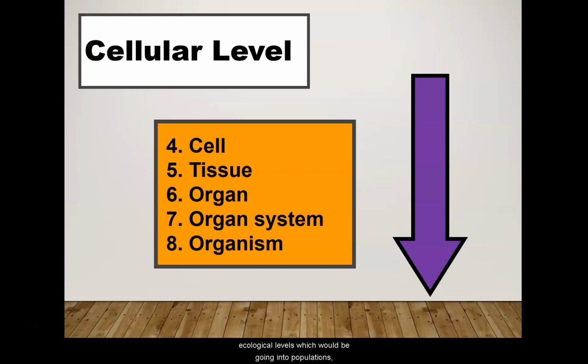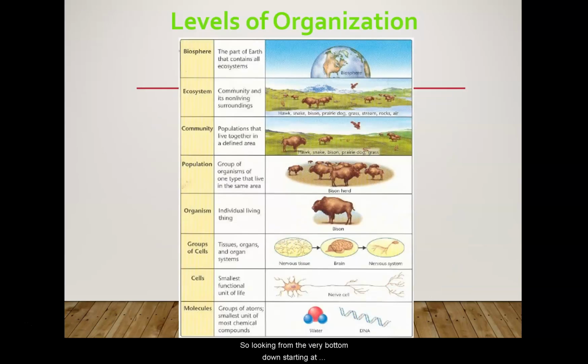which would be going into populations, communities, biospheres, ecosystems, things like that. So looking from the very bottom up, starting here, molecules, cells, groups of cells, which are tissues, organs, and organ systems, then going to the organism or the individual. A group of organisms of one type, so a single species, that live in an area is called a population.